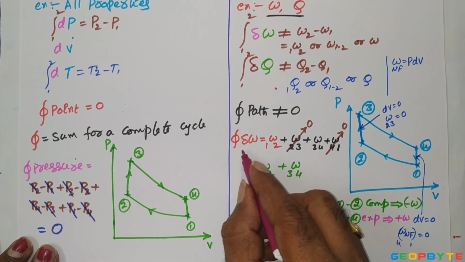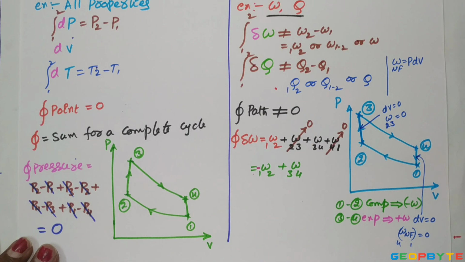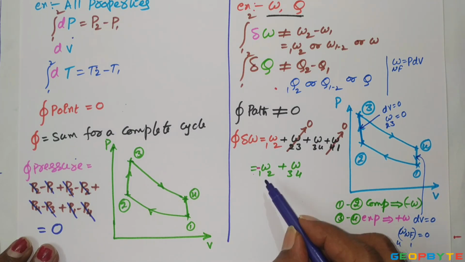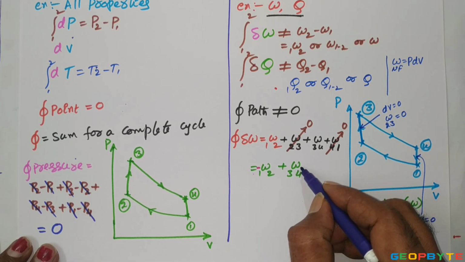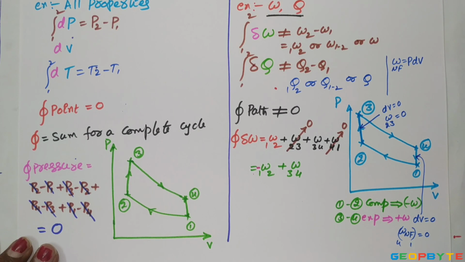From this, cyclic integral del W will be equal to 0 only when W1 to 2 is equal to W3 to 4, because one is positive and the other is negative.